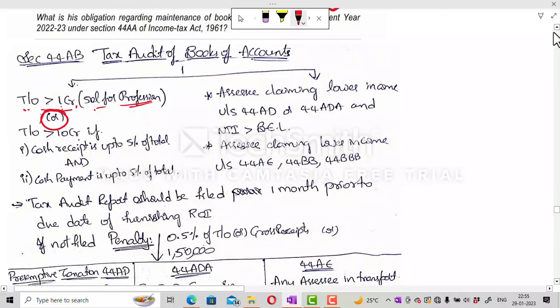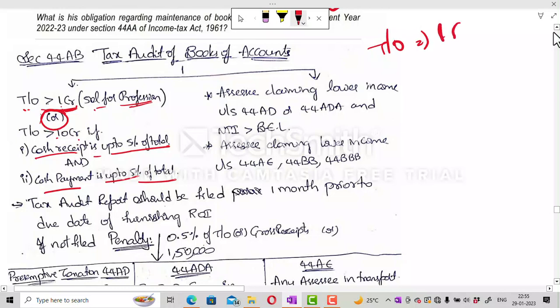Instead of 1 crore, it is 10 crores when cash receipts are up to 5% of total and cash payments are up to 5% of total, meaning they have done all transactions through bank except 5%. 5% is allowed. Then we have to check the limit of 10 crores. Otherwise, if cash transactions are more than 5%, then only 1 crore. Okay, see, when to get your books of accounts audited?